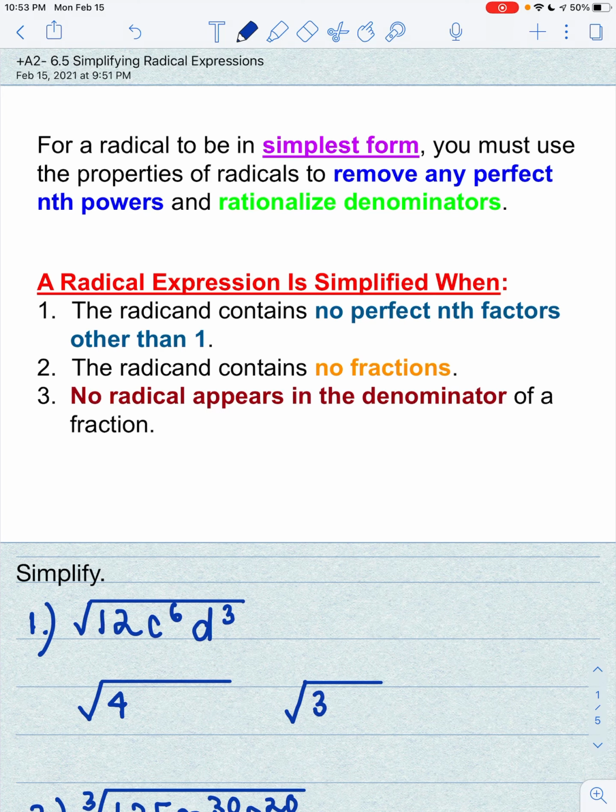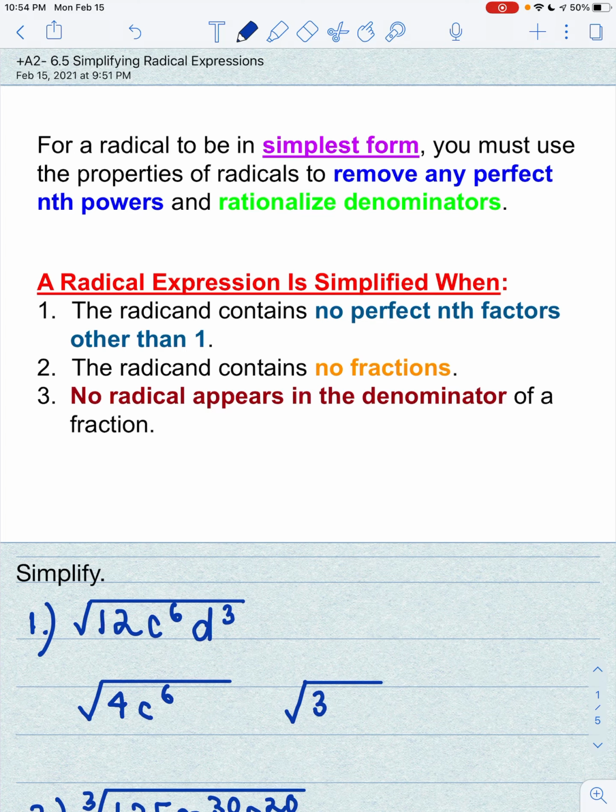C to the 6th is actually a perfect square because the power of 6 is divisible by the index of 2, which is implied, so I'm going to leave c to the 6th under the first radical. D to the 3rd, on the other hand, the power of 3 is not evenly divisible by 2, so we have to break it apart.